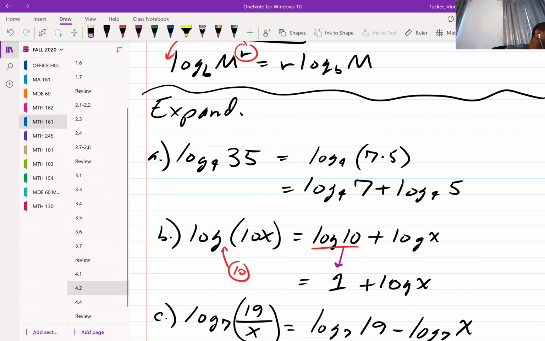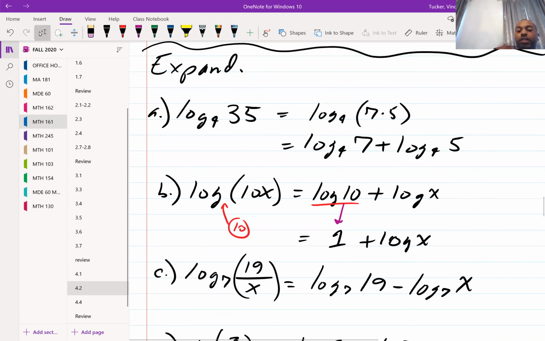So you always want to write your expression in the simplest way possible.